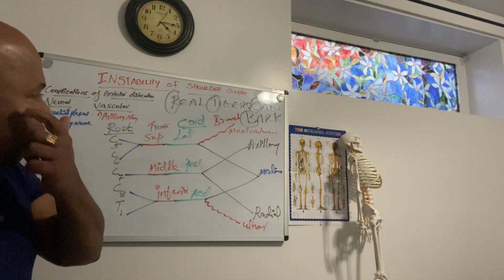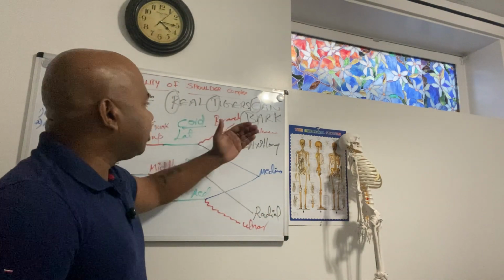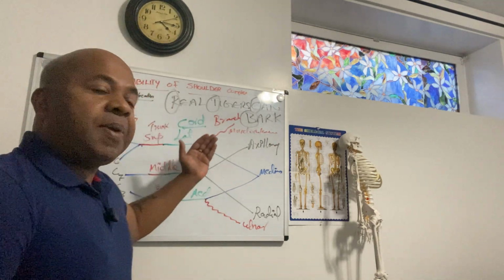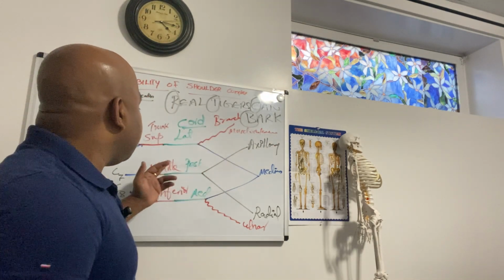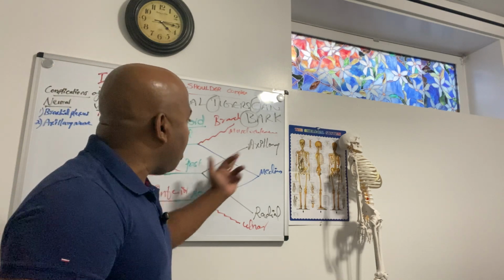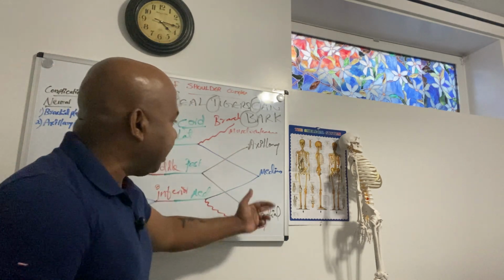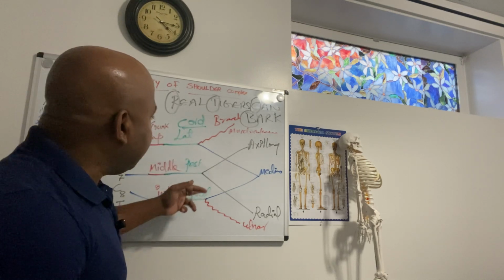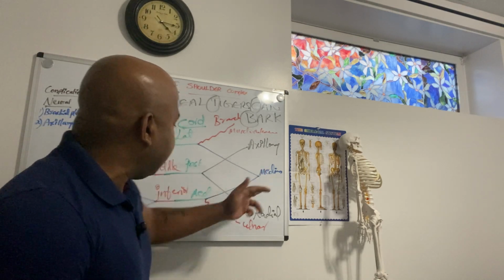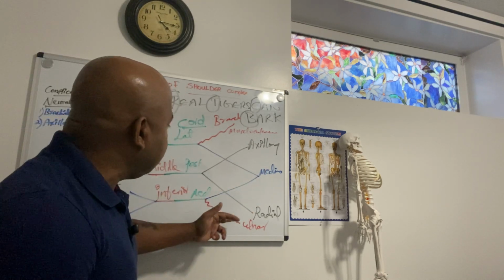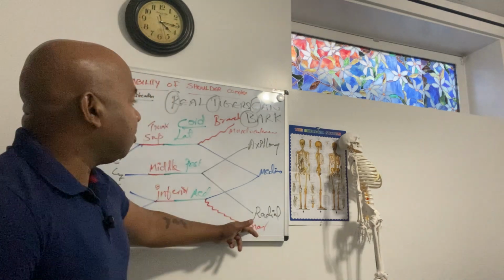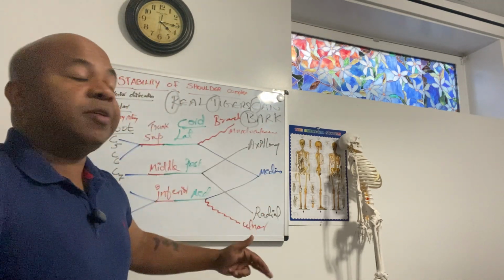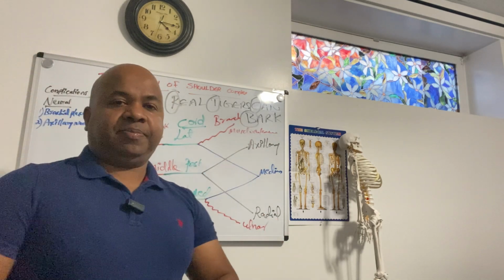So the brachial plexus branches are the musculocutaneous nerve, which is formed only by the lateral cord. The posterior cord forms the axillary as well as the radial nerve, and the lateral cord as well as the medial cord combine to form the median nerve, and the medial cord continues to form the ulnar nerve. So all these 1, 2, 3, 4, 5 branches.